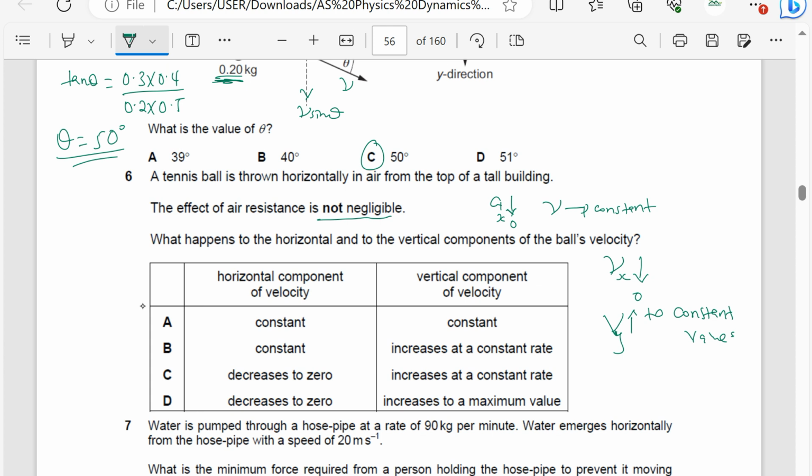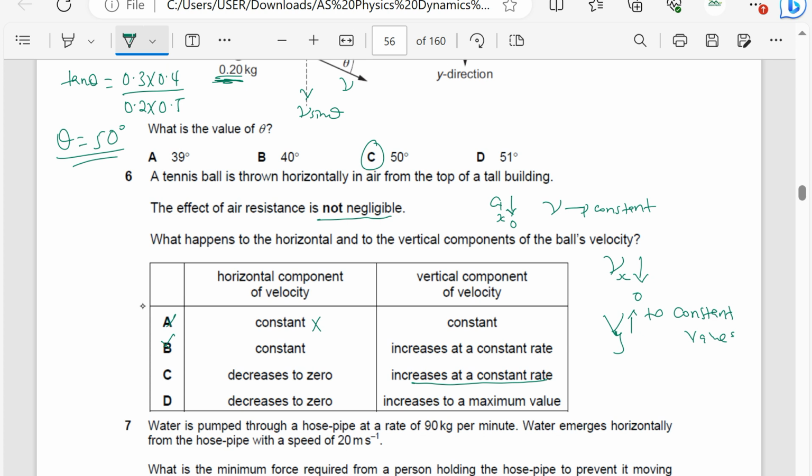So horizontal component of velocity decreases because there's air resistance, so A is out and B is also out. But then the vertical component of velocity, because acceleration decreases, this is wrong. The velocity increases but not at a constant rate.